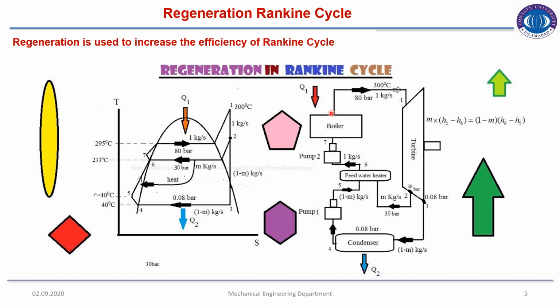So if we assume that the working fluid is water, and the temperature at which it is exiting is, suppose, 200 degrees centigrade. Let's go with example numbers: the fluid exiting the boiler has a temperature of 300 degrees centigrade.